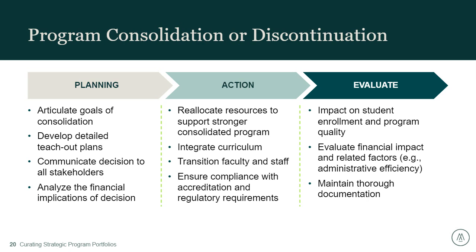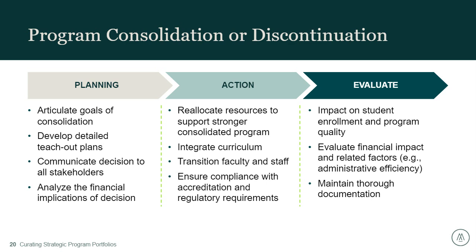Develop detailed teach-out plans. How are you going to run this out into the consolidation? That communication with stakeholders is really critical, and then analyze financial implications of the decisions. And there are financial implications whether you are consolidating or discontinuing. And we'll get to discontinuing in a moment. So that's the planning side.